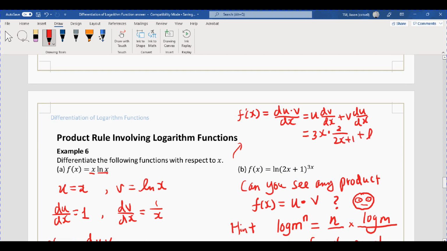My v is log(2x+1). My du over dx is just 3. So that means I'm going to have 6x over 2x+1 plus 3 times log(2x+1). But it's much better to bring that 3 to the front to multiply the logarithm. Okay, so that's how it is. Then you can get your answer over here.